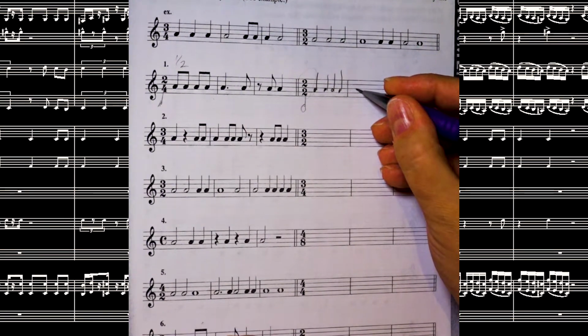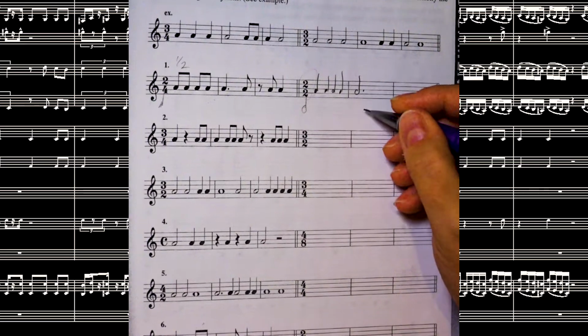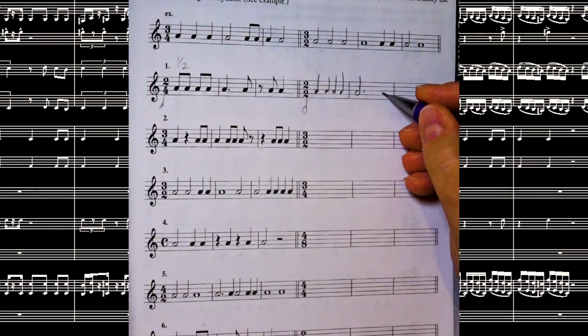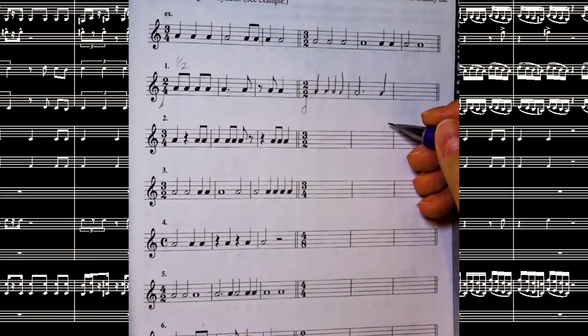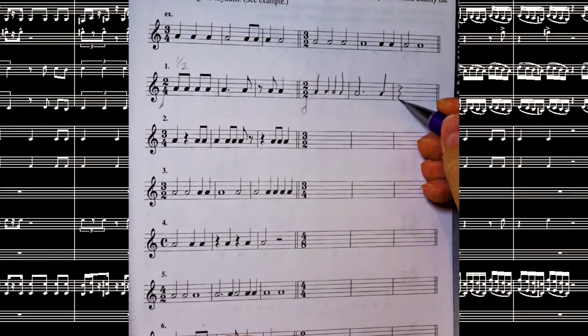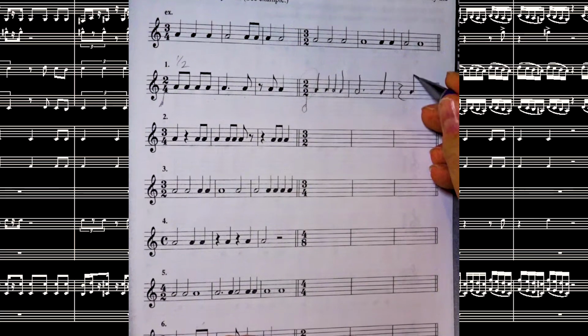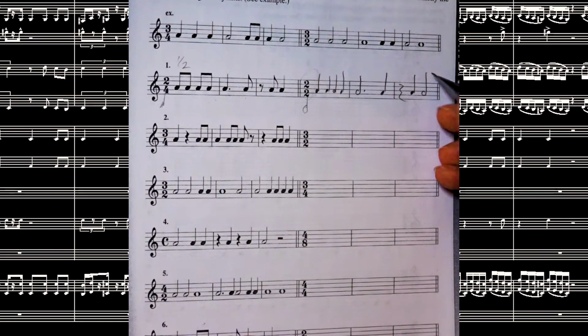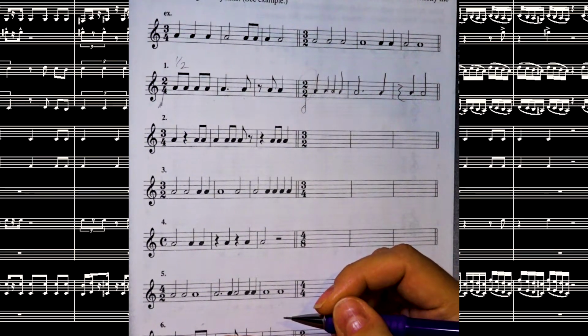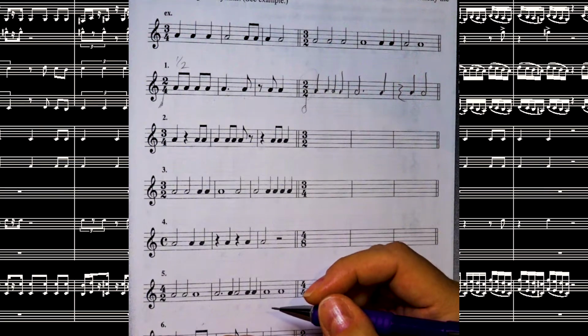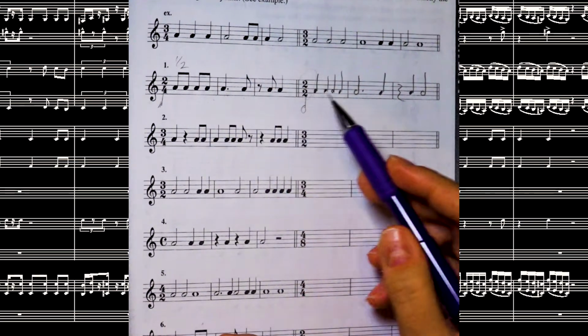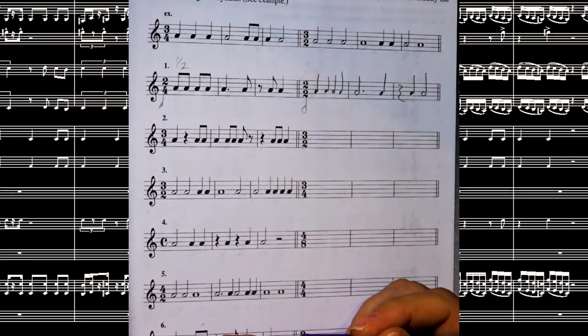Dotted quarter turns into a dotted half. Eighth turns into a quarter. Quarter rest. Quarter note. So this, if you clapped it, will sound the same.